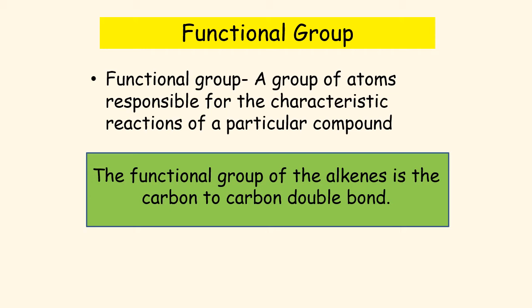So it is a set of atoms bonded in a particular way that makes that group of chemicals react in a similar way. And the functional group for alkenes is the carbon-to-carbon double bond. That's what makes alkenes different from other homologous series.